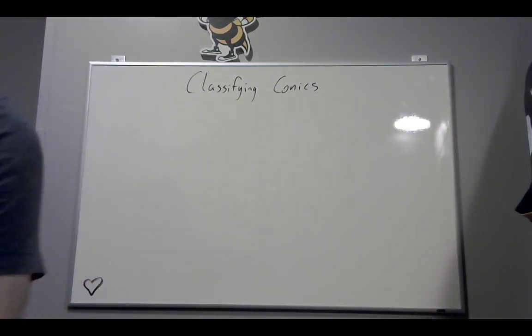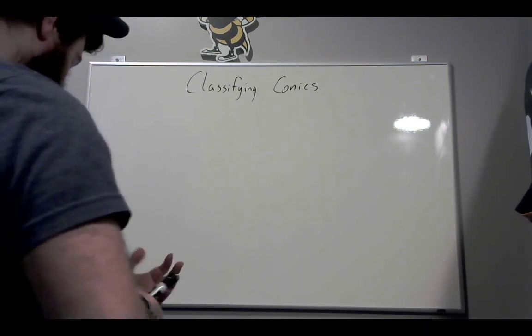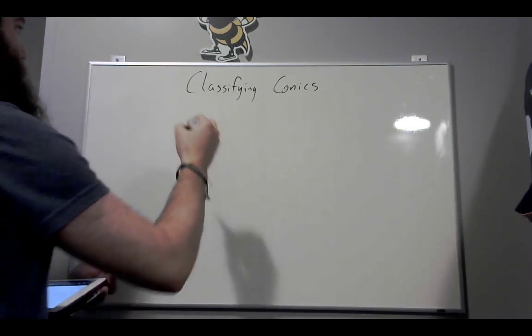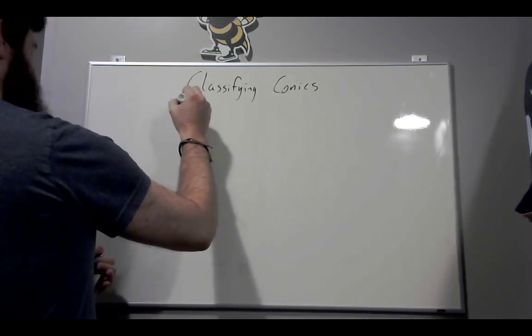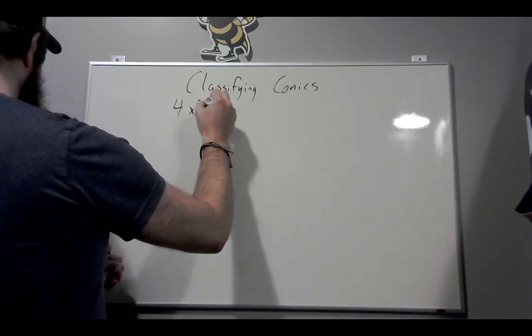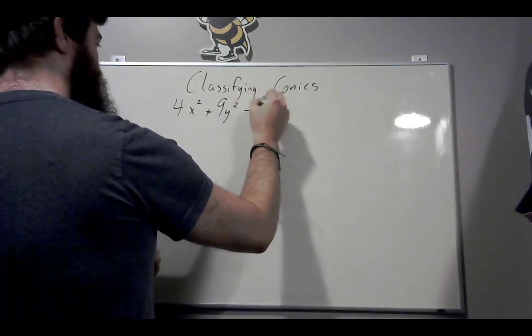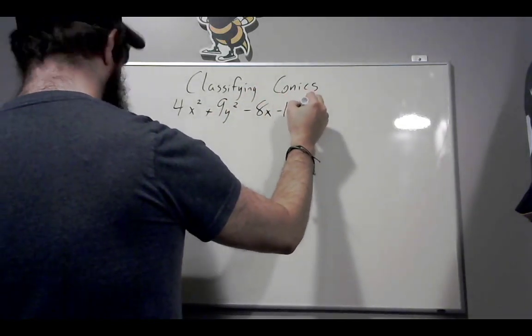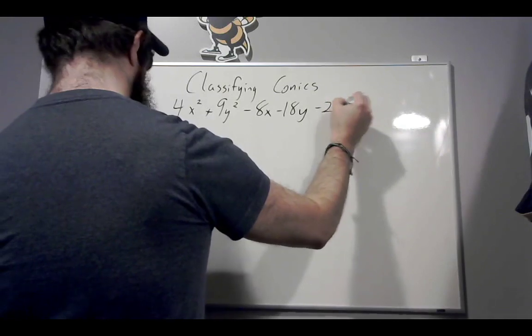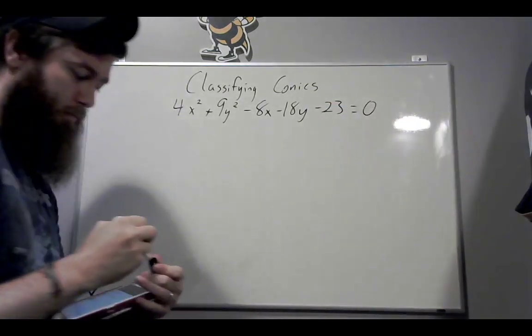So let's look at the ellipse problem that we saw earlier, which was 4x squared plus 9y squared minus 8x minus 18y minus 23 equals 0.